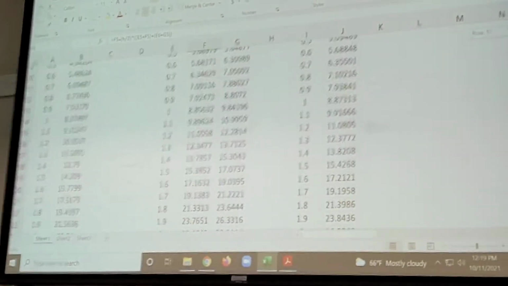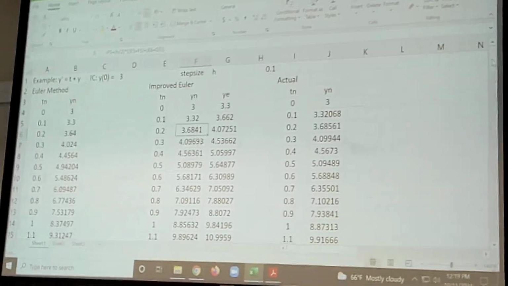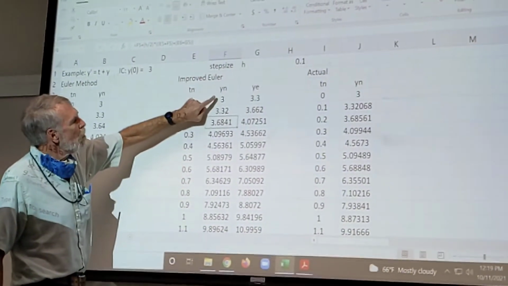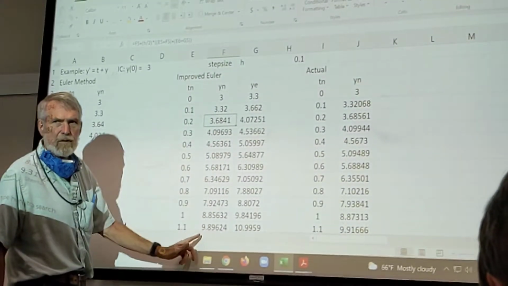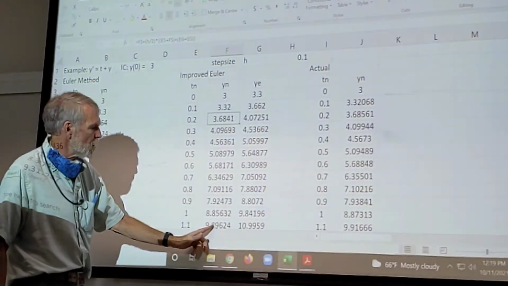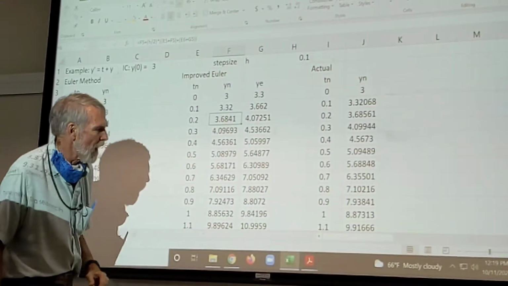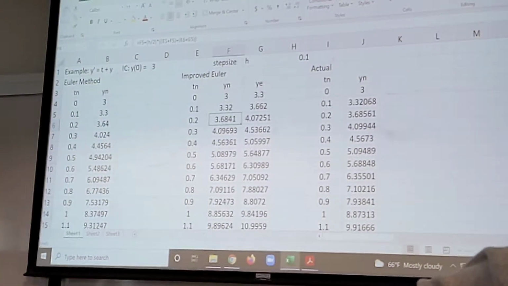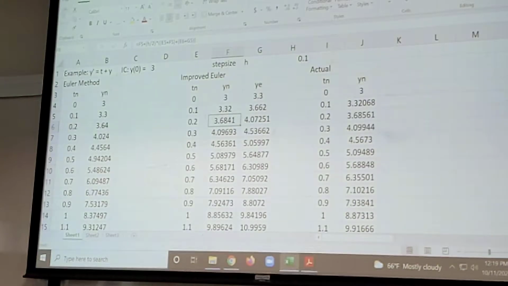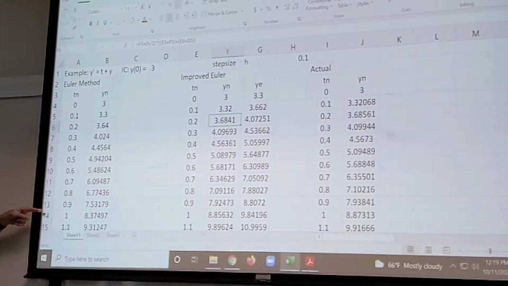By the way, the y values are going to be in this column. This column are the ones of interest. Here's the time, here's the y. And let's just look across here.